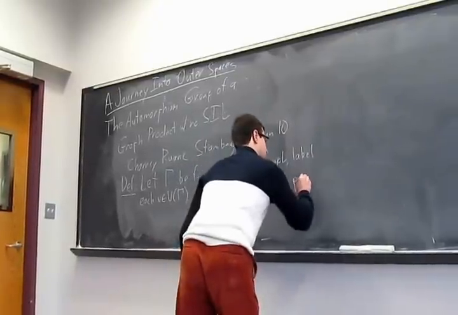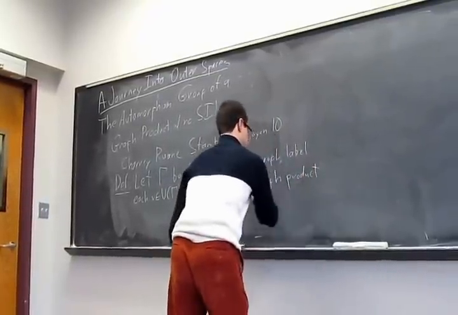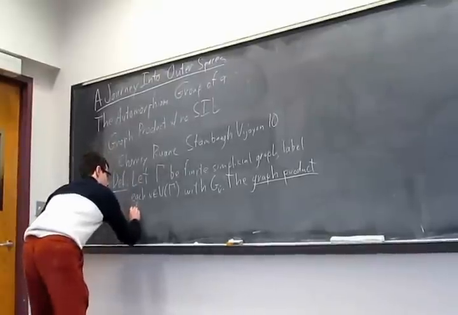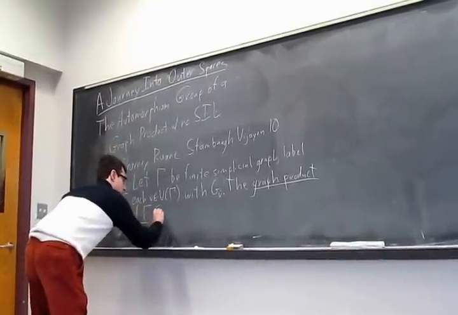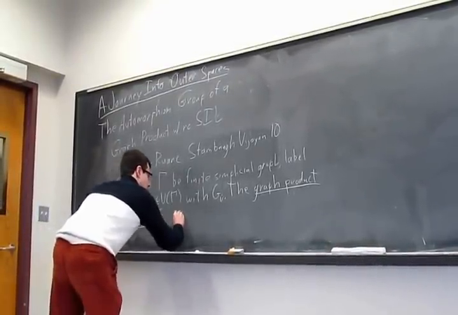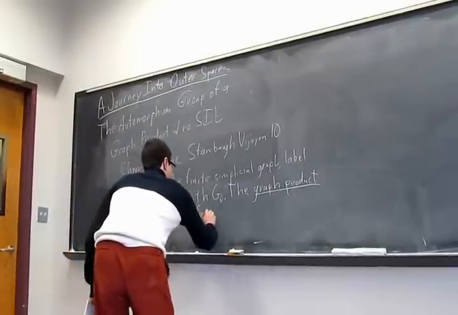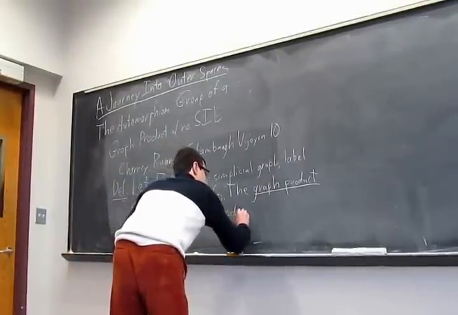The graph product of this labeled graph is the free product of all of our vertex groups.